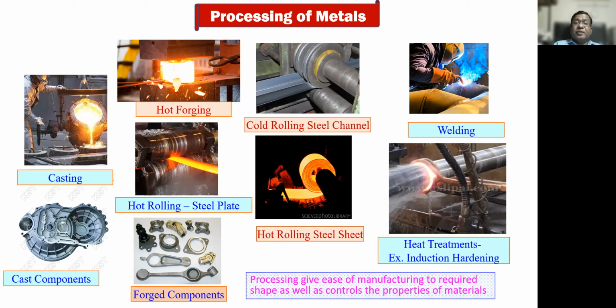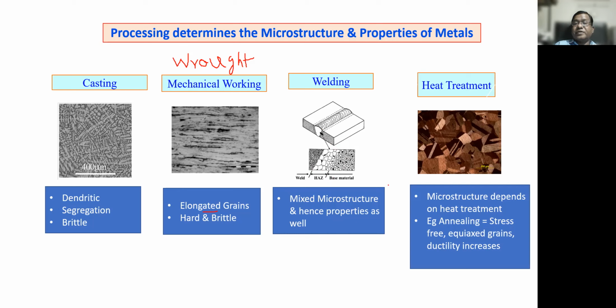If it is hot worked, then that will be different. This is a welded structure. A welded structure will have a fusion zone or weld zone, then the heat affected zone with coarser grains, and then base metal. So it will have a mixed microstructure, cast as well as some heat treated microstructure. Hence, properties are also mixed.